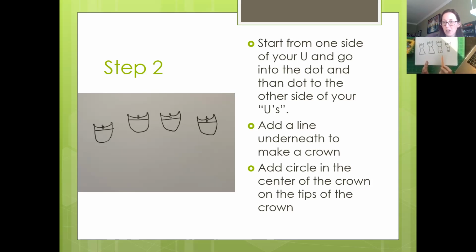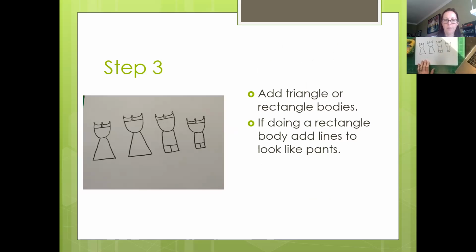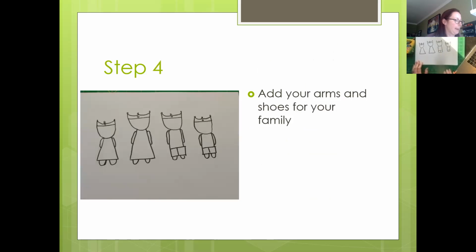And again, I did this in marker so you could see it a little bit better. When I do it in pencil, sometimes you guys can't see it on the camera. Okay. Then after that, we go ahead and we add our arms and shoes.